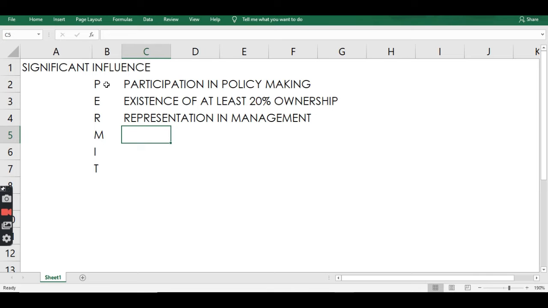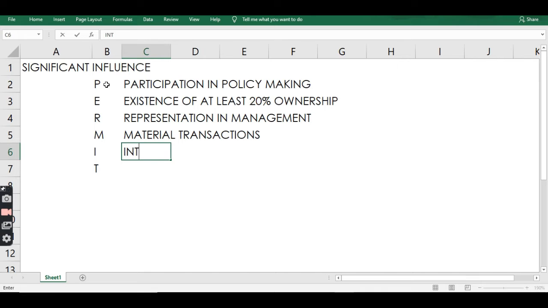So ilagay na lang natin representation in management para general approach siya. Ano yung M natin? Material transactions. Ibig sabihin, meron tayong material transactions with the investee. Kasi nga we consider them as a partner in the operations. So kaya may material transactions tayo diyan.